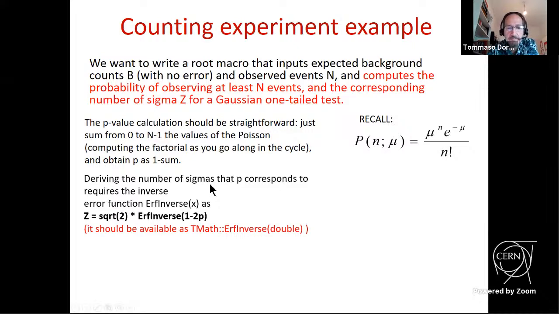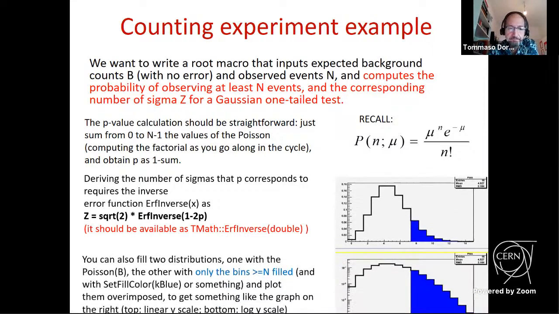And deriving the number of sigmas that the p-value corresponds to just requires you to make a call to the inverse error function. This is available in the TMath package, which is linked when you include it in the header file of your program. But in the code that you see in that area I pointed to before, it's explicitly listed at the bottom of the macro so that you can look at it.